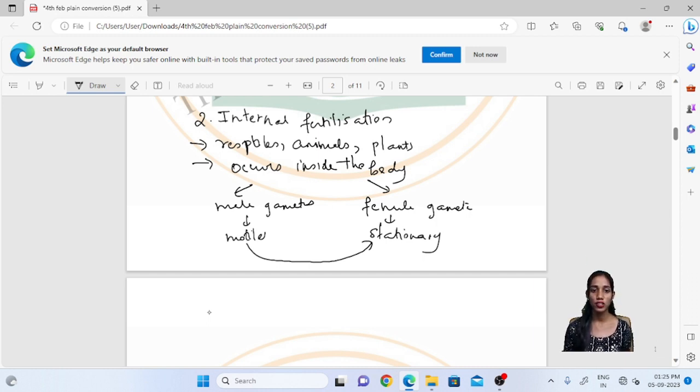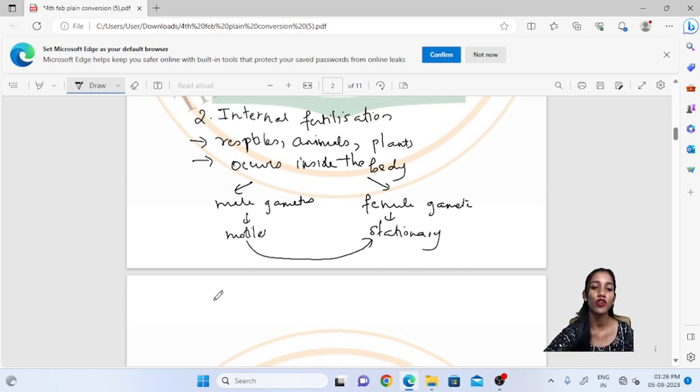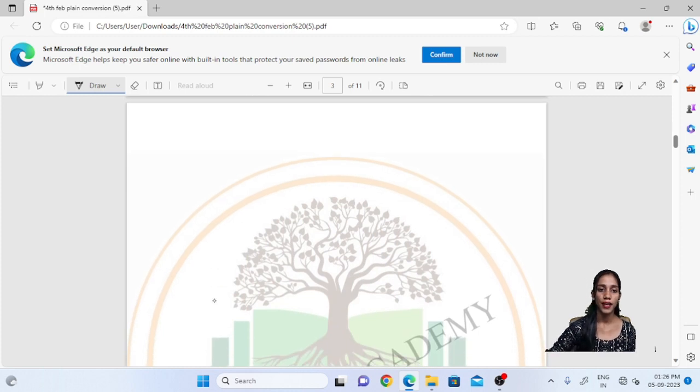The fertilization will happen inside the body. Now, since the male gamete is motile, in most cases it is produced in larger numbers, and the female gamete is produced in lesser numbers. The fusion of both the male and female then leads to formation of the zygote.